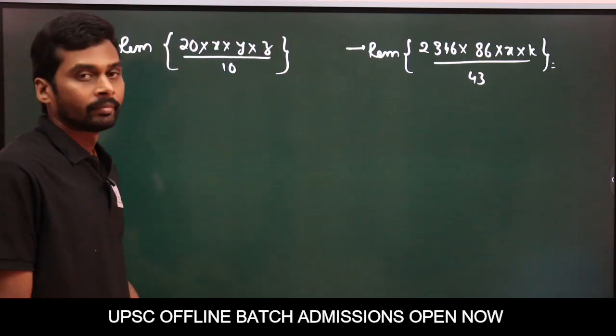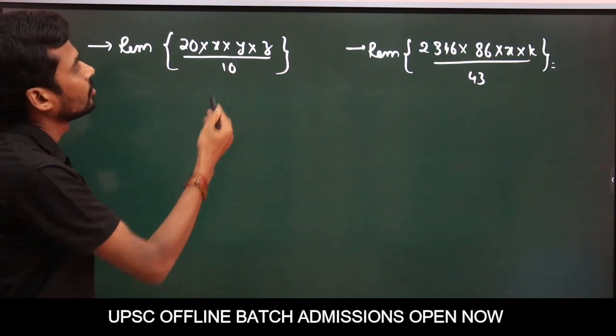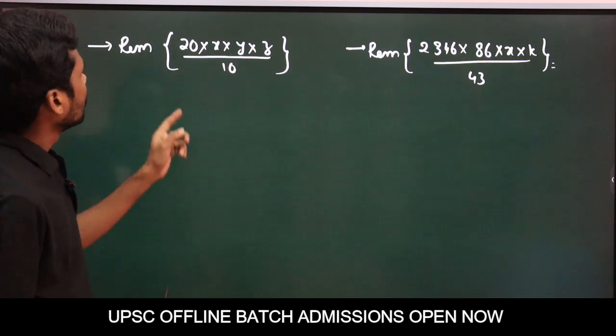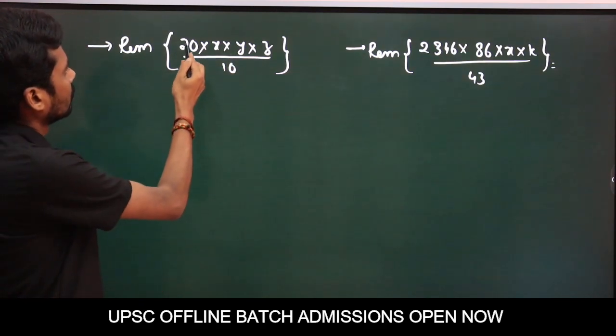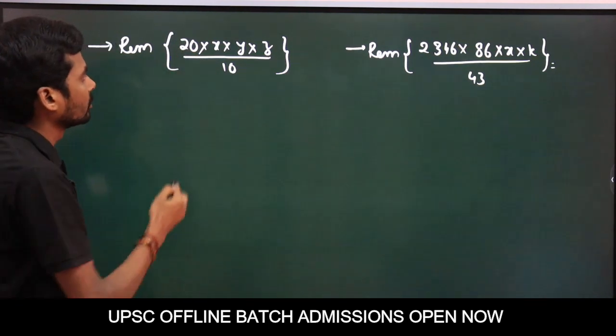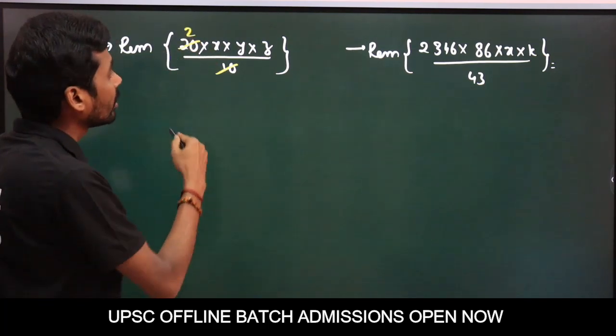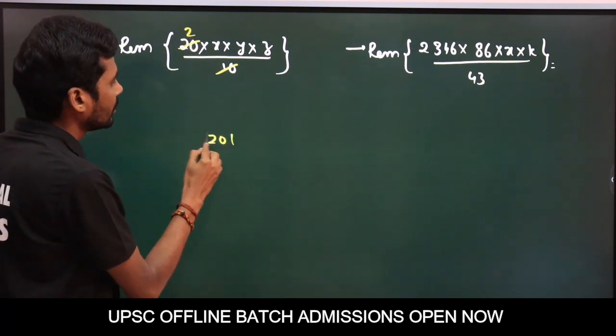Okay, so the next property is, suppose we have the remainder of 10 to the 20 into x into y into z. If the numerator number is perfectly divisible by the denominator number, so what is the remainder when 20 is divided by 10?